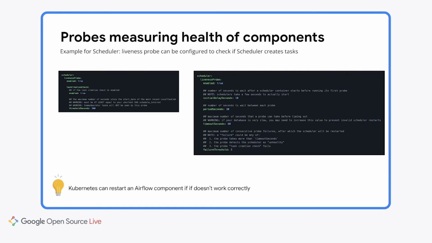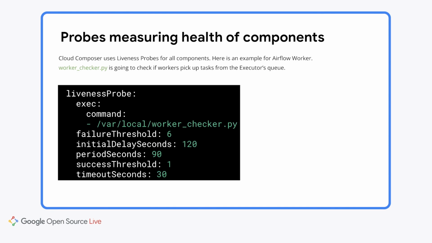When it comes to Cloud Composer, Cloud Composer uses liveness probes for all the components. And in this slide, you can see a snippet of the configuration of the Airflow worker. Here you can see that the Airflow worker has a special file called Worker Checker, a Python file within which you have a program that validates the healthiness of the Airflow worker.